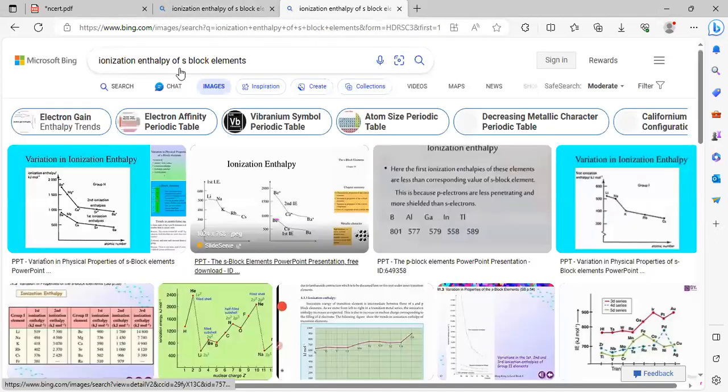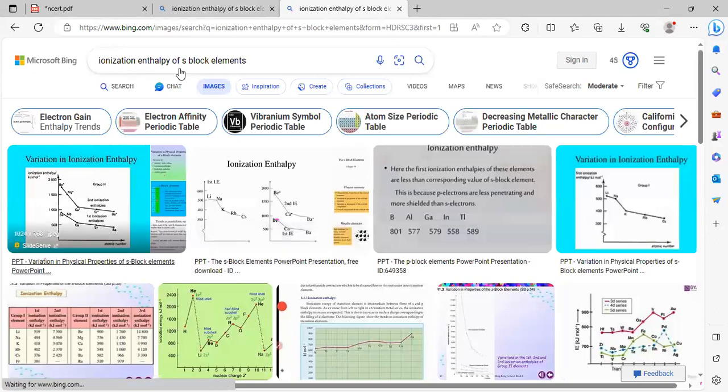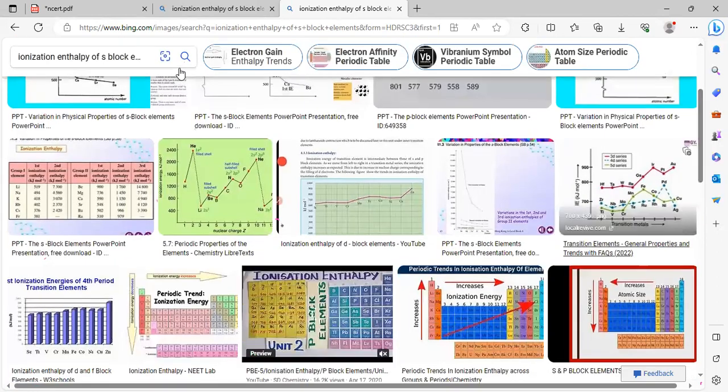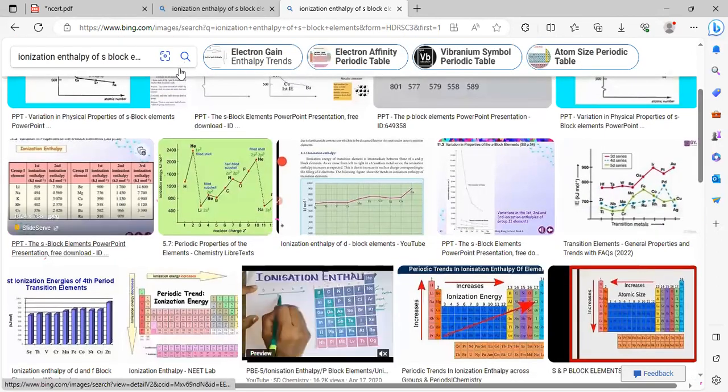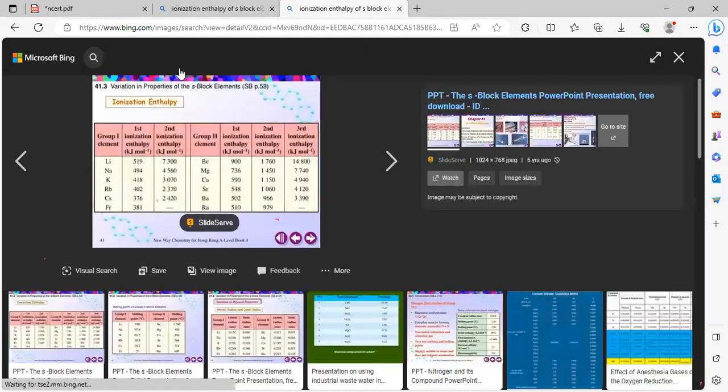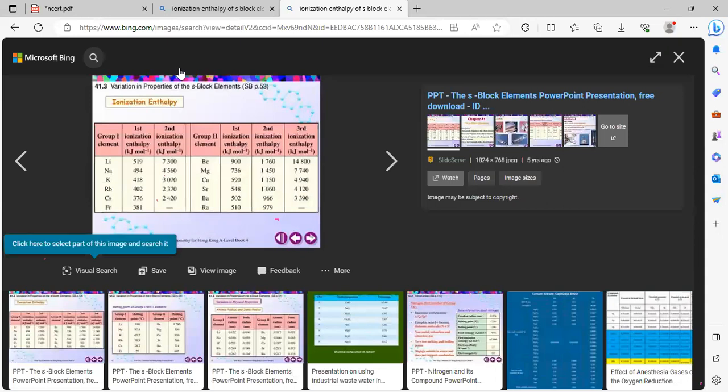Okay, see the value of the ionization enthalpy. You see the S block elements. Now kindly see this one. What values are you getting here? Lithium is 519 kilojoule per mole.